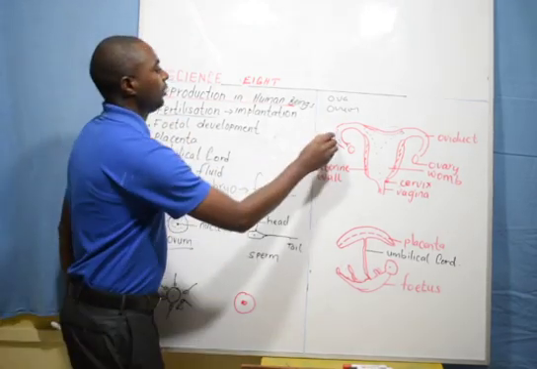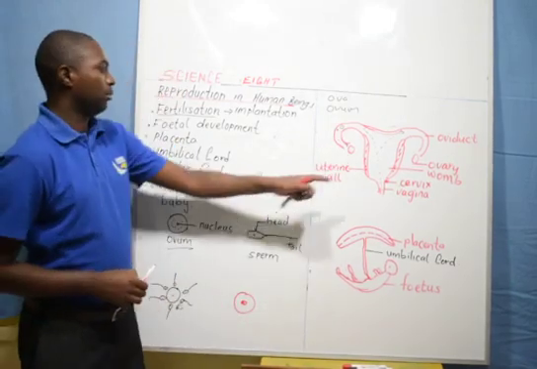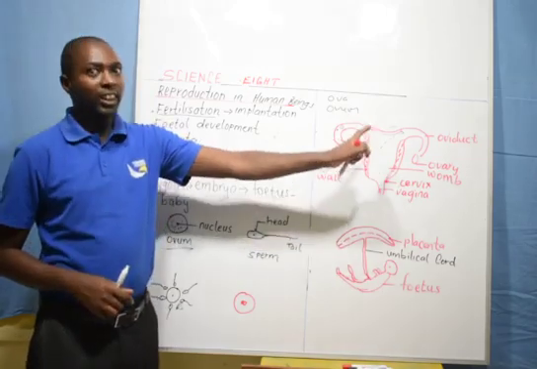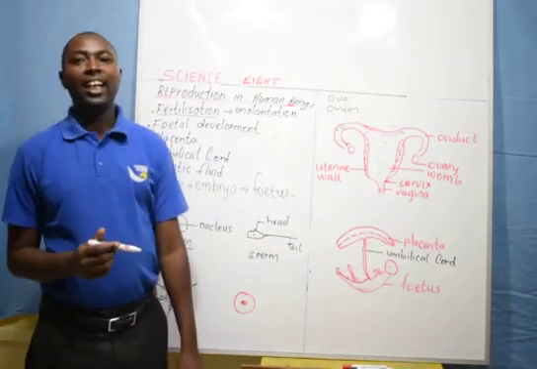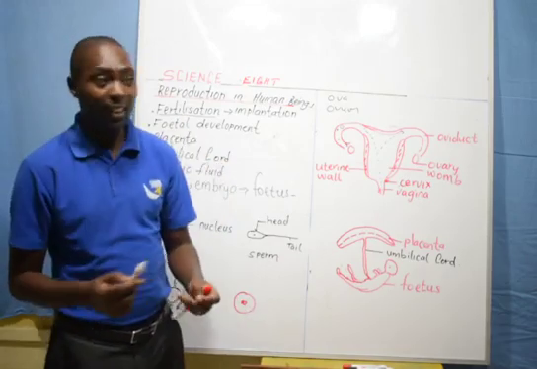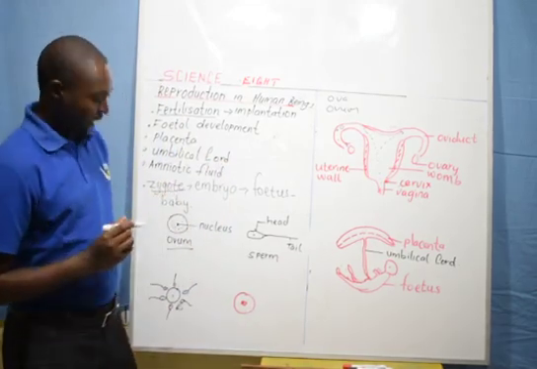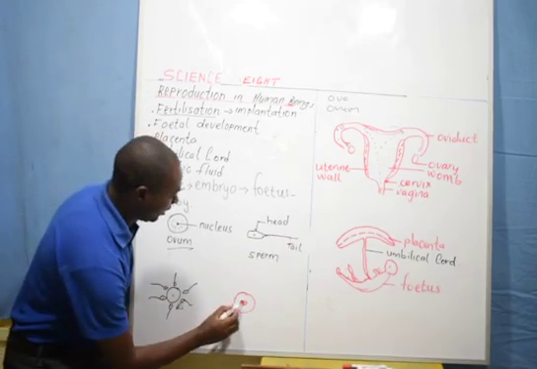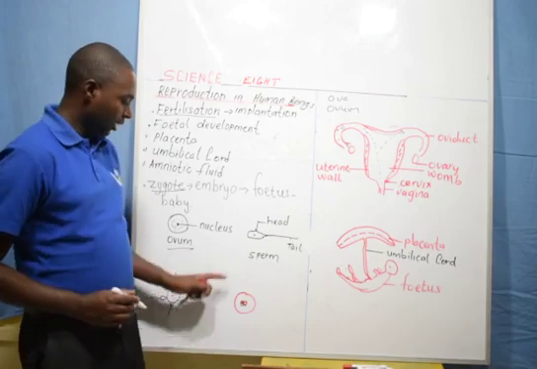Once fertilization takes place here, the ovum that was surrounded has been fertilized. Now I want to discuss a fertilized ovum. Once it is fertilized, it gets a new name. It is no longer an ovum. Now it becomes a zygote. A zygote is this one. This one is an ovum that has been fertilized by one sperm.